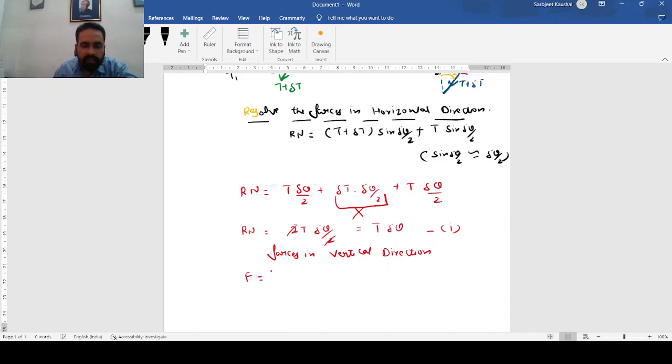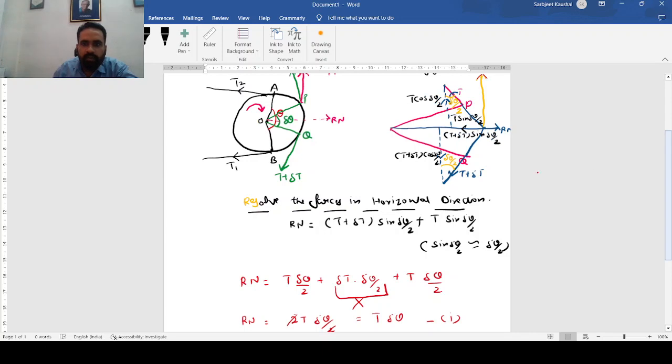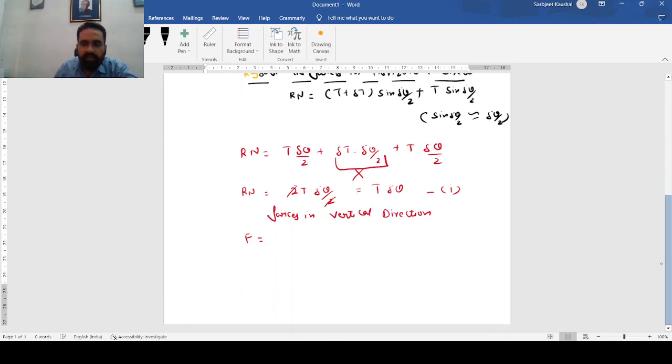So F is equal to (T plus delta T) cos delta theta by 2 minus T cos delta theta by 2. When you open the equations, then T cos delta theta by 2 cancels out, and ultimately we get delta T cos delta theta by 2.